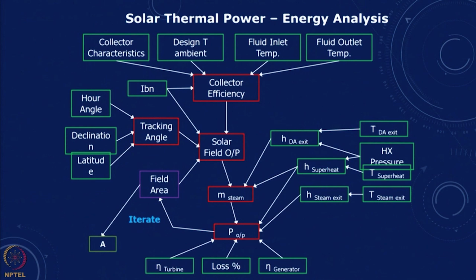In the case of solar thermal power, we have done an energy analysis for both parabolic trough collectors and Fresnel reflectors. First, we defined a particular amount of output which we require, a 50 megawatt plant. We defined the different characteristics for a particular location, and then calculated the amount of steam, and then the solar field requirement and the field area.